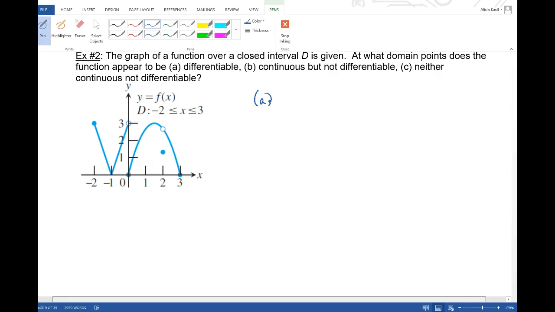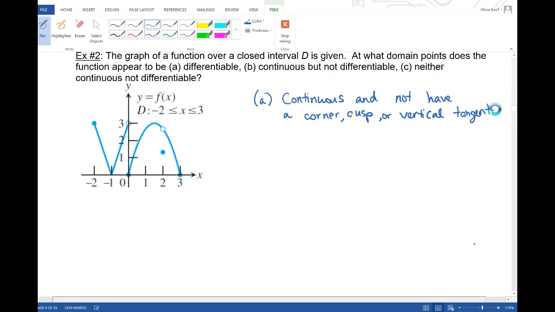Do you see that? Let me explain again. Where is it differentiable? It has to be continuous and not have a corner, cusp, or vertical tangent. So everywhere except negative 1, 0, or 2.